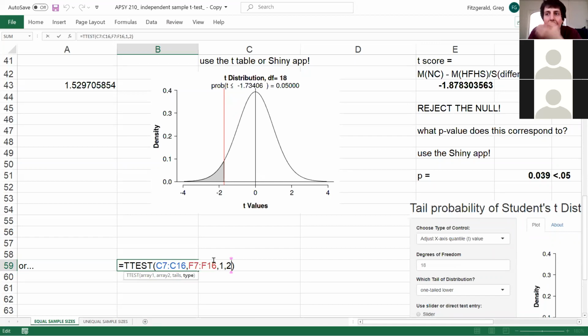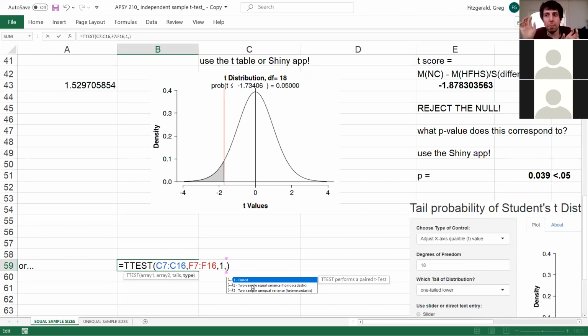And I would encourage you guys to think about, do you think that you are more likely to reject the null hypothesis or less likely to reject the null hypothesis if you assume that the two populations have the same variance, or if they have different variance?